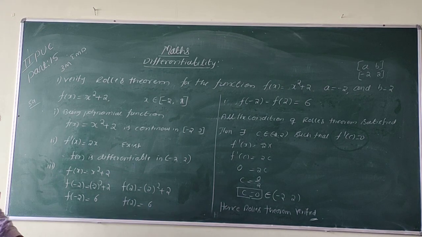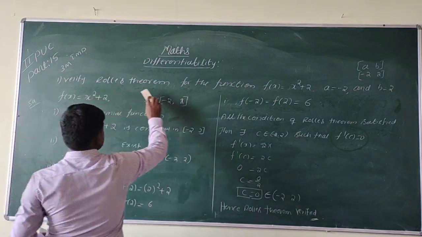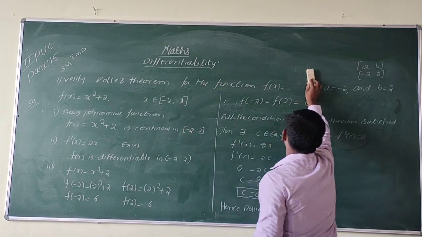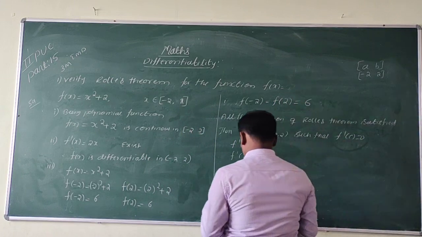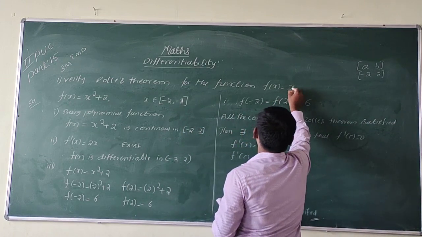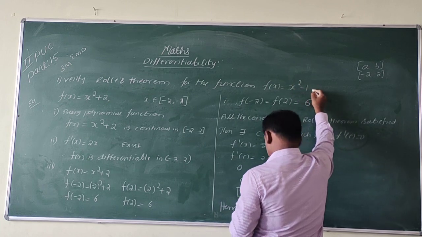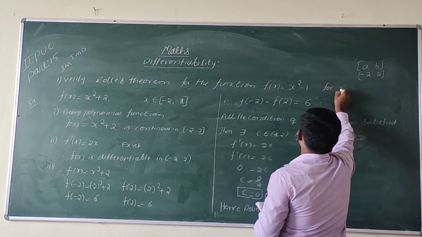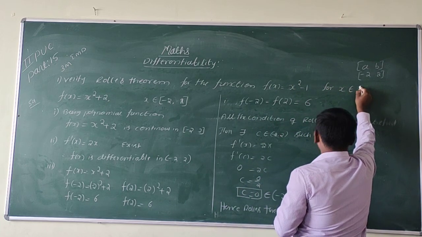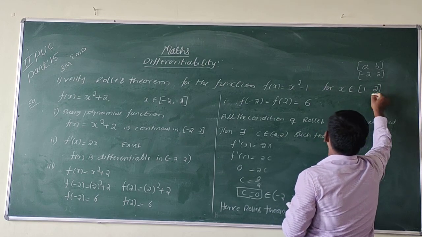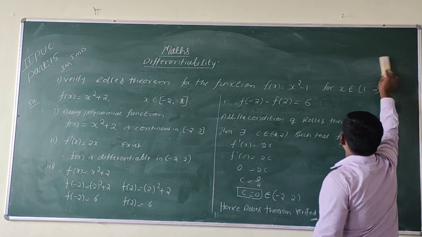So next problem. Verify the Rolle's theorem for the function f of x is equal to x square minus 1 for x belongs to 1 comma 2.